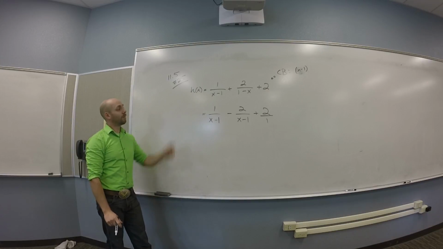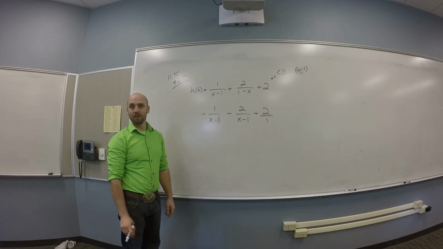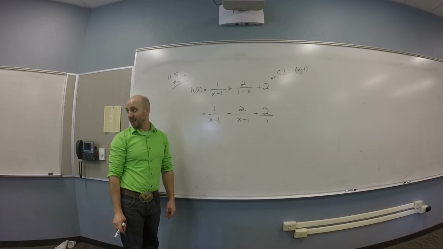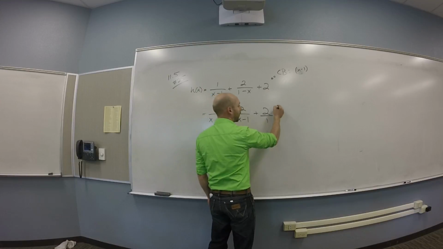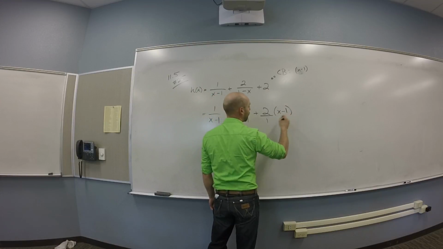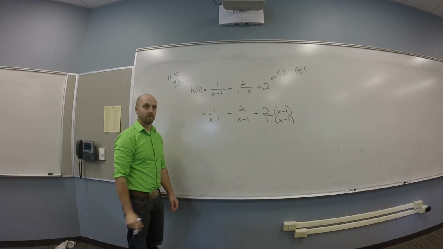Yeah. Okay. What does the 2 need? It needs an x. Yeah, it really needs all of x minus 1, right? So top and bottom, you need to multiply your 2 by x minus 1. Cool.